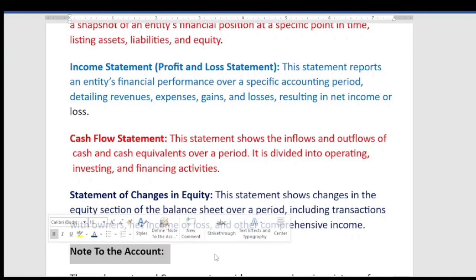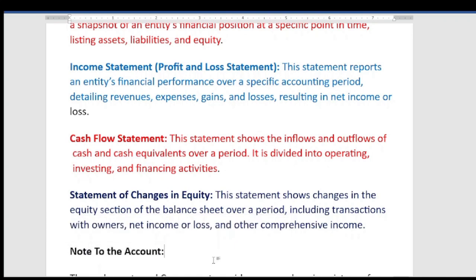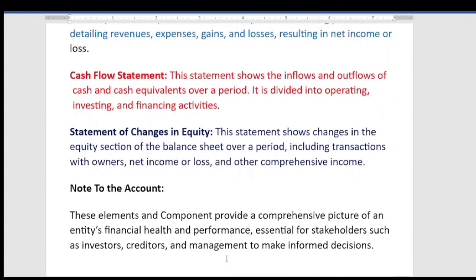Note to account helps you to break down any amount in the financial statement, give you detailed view of how that money emerged. I don't know if you are getting me. I don't know how I can explain this so you get it, but I know you are getting it. So note to account is an element. Sorry, it's a component. Sorry, note to account is a component of financial statement.